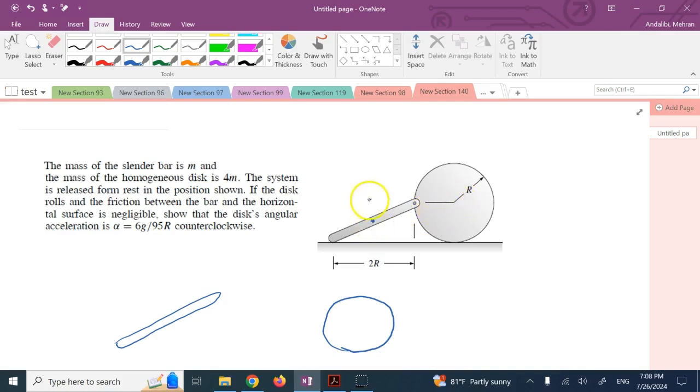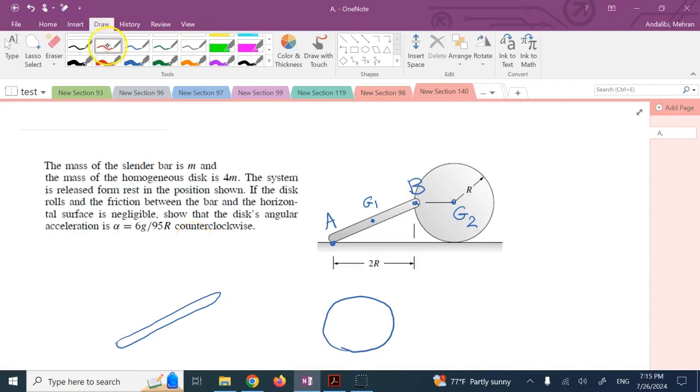I call this centroid G1, I call this centroid G2, I call this pin point B, and I call this contact point here point A. These are the important points, the points that we know something about. Either they are centroids or they have a constraint, like this point A is being moved on the ground, or point B, which is the common point, the pin point.